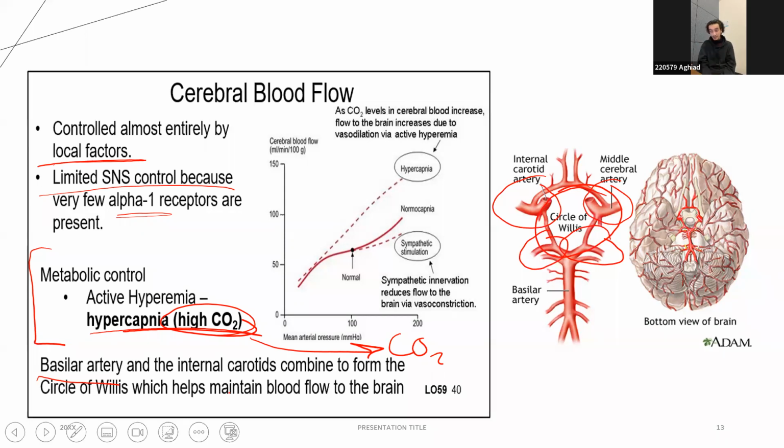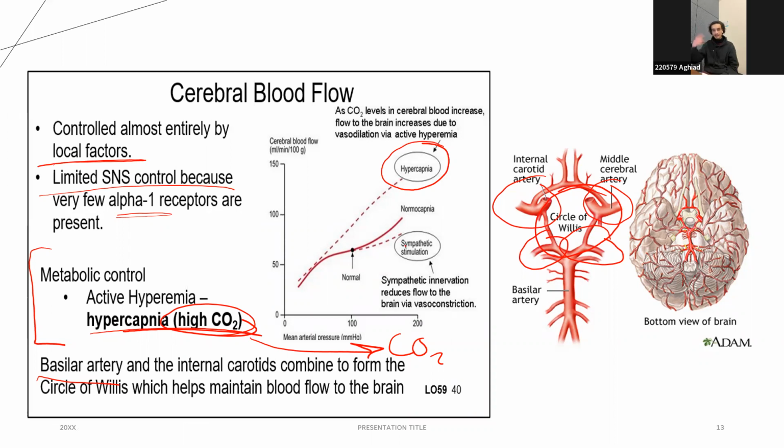So is everything clear now? Perfect. So hypercapnia means more metabolism happening, more metabolic activity, more blood flow. Hypocapnia is basically too little carbon dioxide.